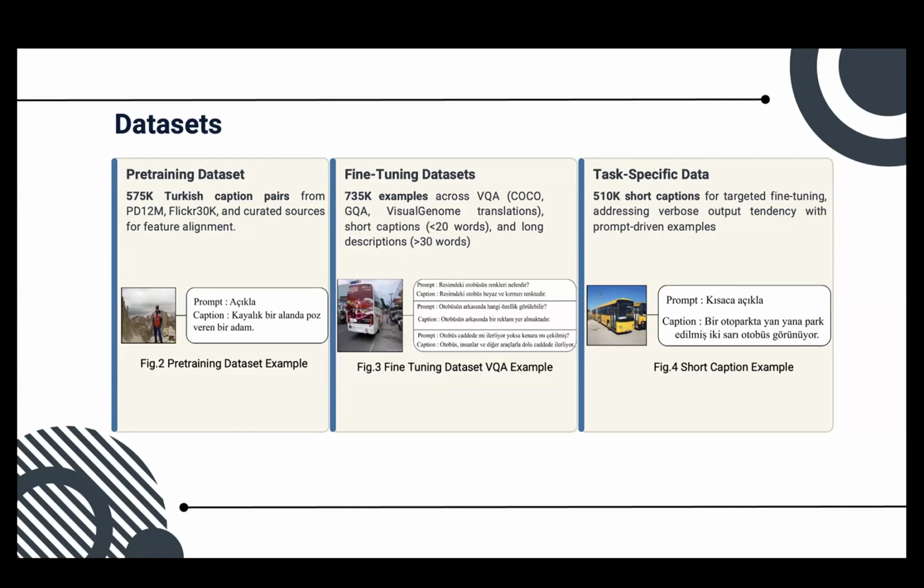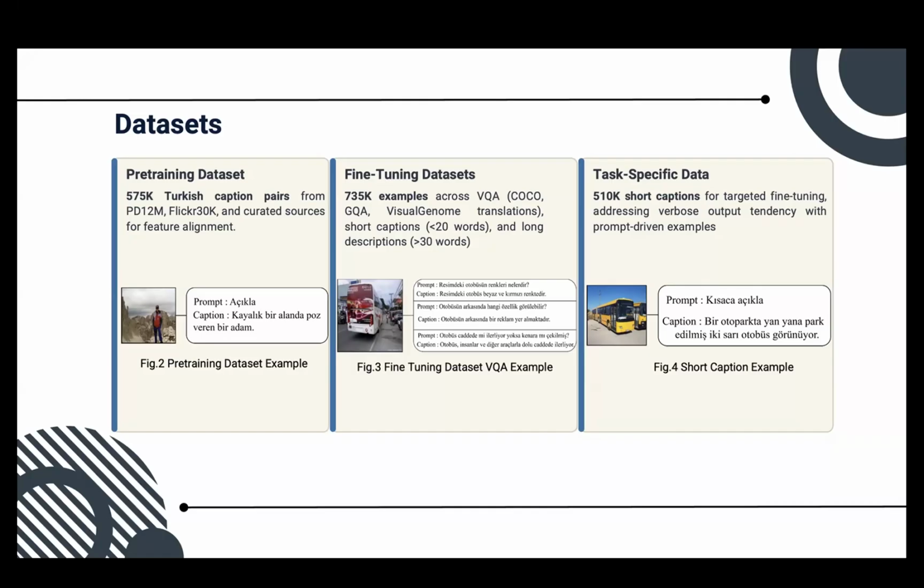For fine-tuning, we compiled 735,000 examples across three categories: visual question answering, Turkish translation of COCO, GQA, and Visual Genome, short captioning under 20 words, and long description exceeding 30 words. This diversity ensures the model can handle various interaction styles.